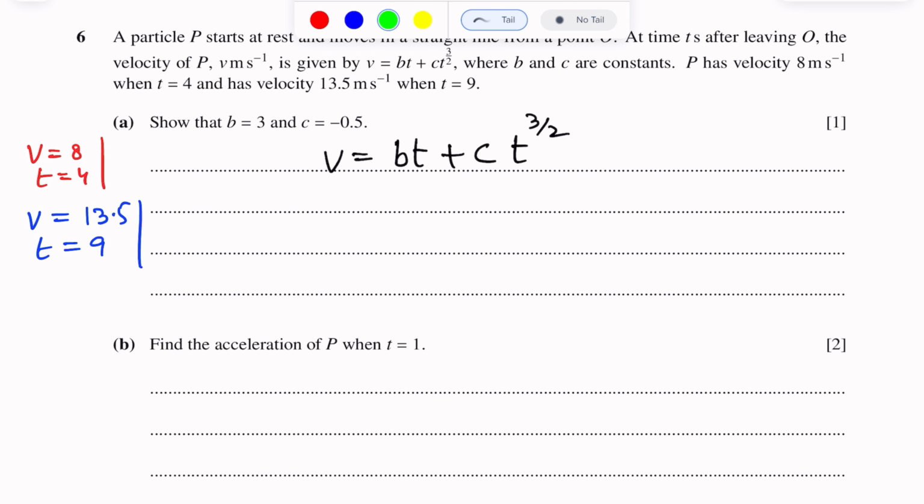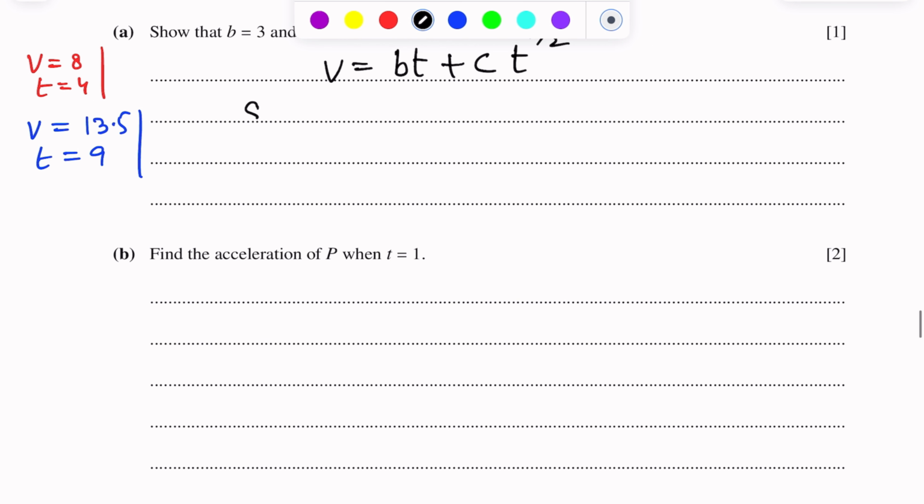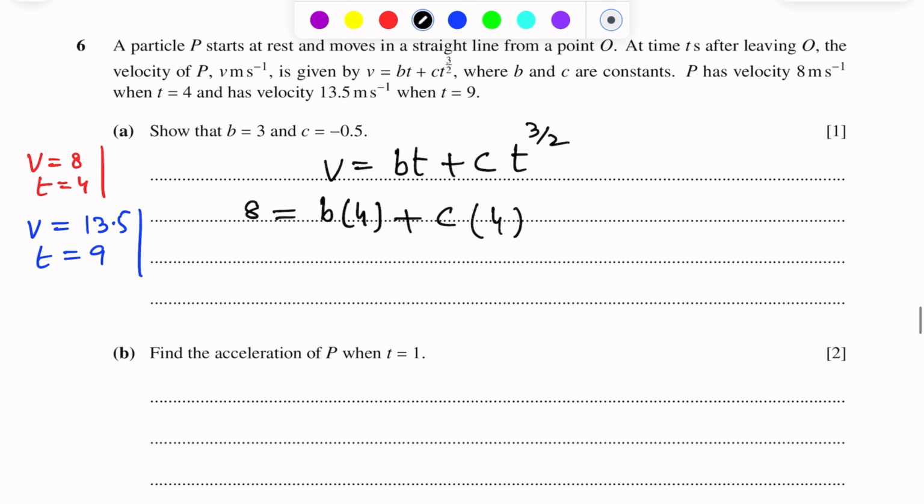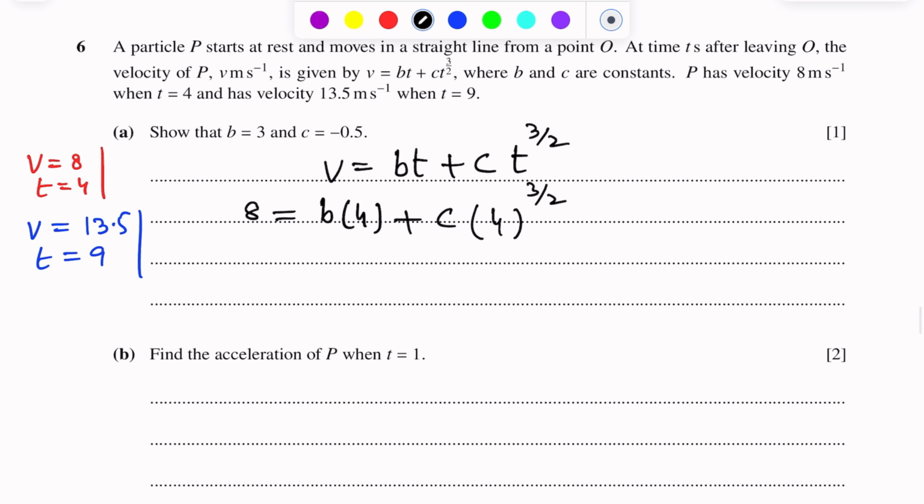First, we put this set of values, v is equal to 8, t is equal to 4. We get 8 is equal to B into 4 plus C into 4^(3/2).